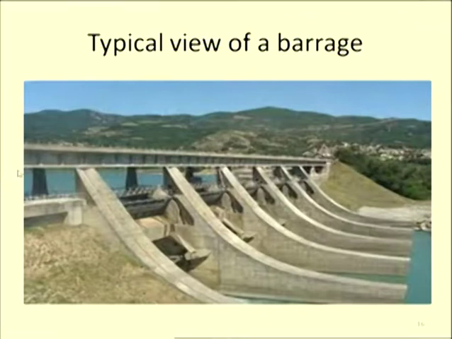This is a structure to control and operate the gates, to lower them or to drag them up so that the gates are open and closed. And these are the channels where the excess water is released to the downstream side. So this is a typical barrage.